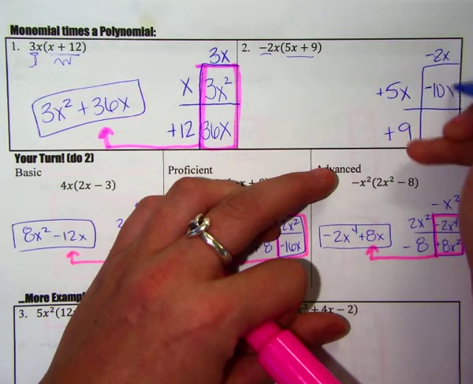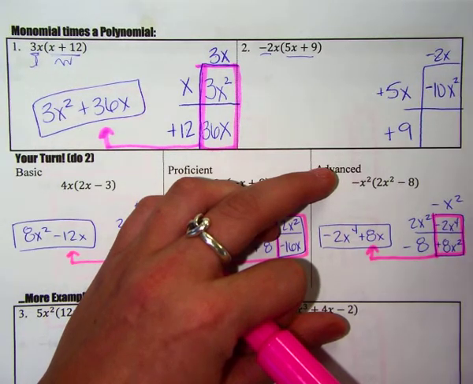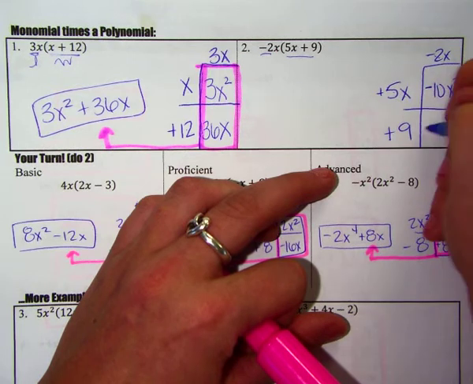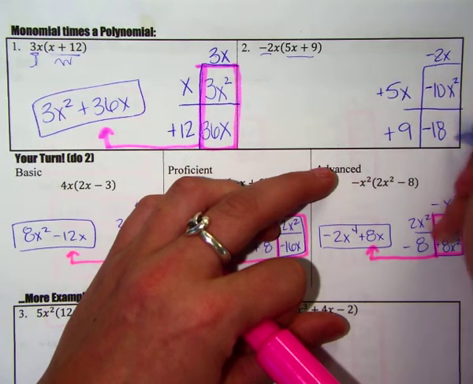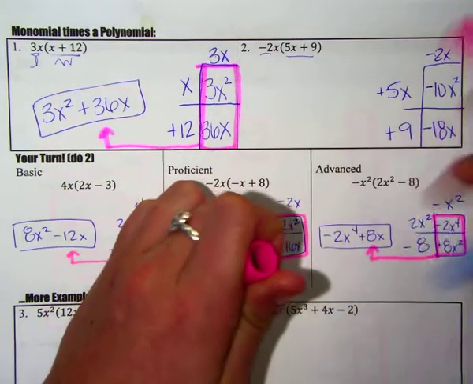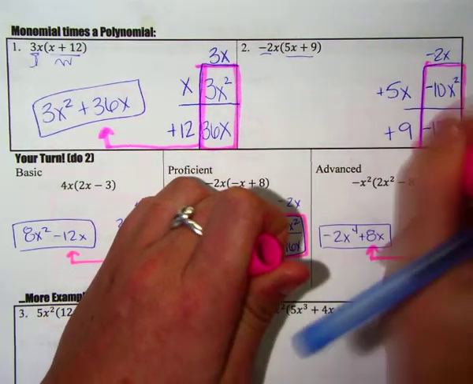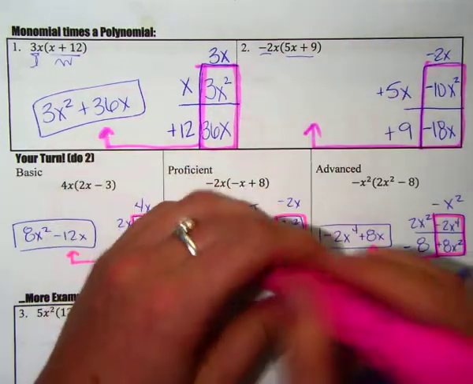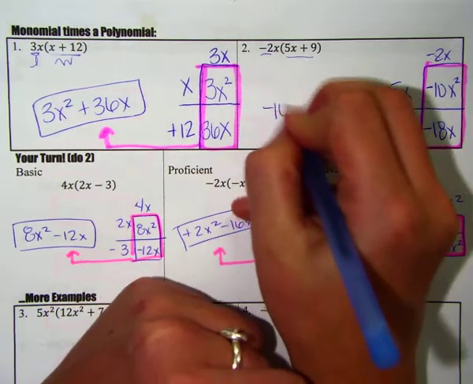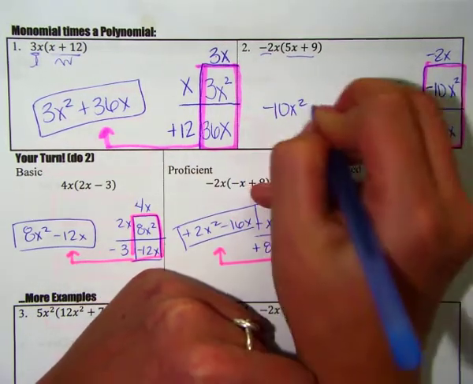X times x, which is x squared. Negative times a positive, which is a negative. 2 times 9, which is 18, times x. So the area of this box is negative 10x squared minus 18x.